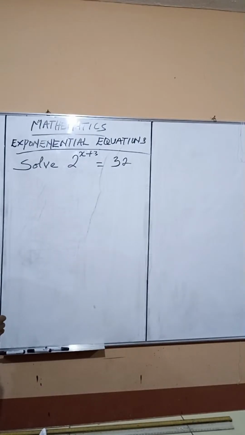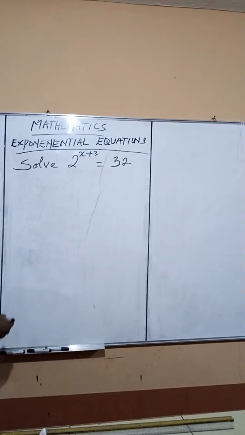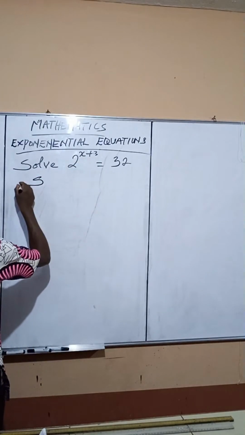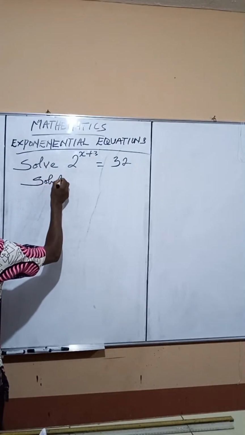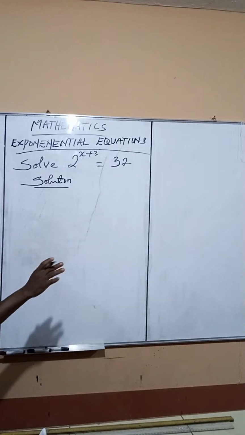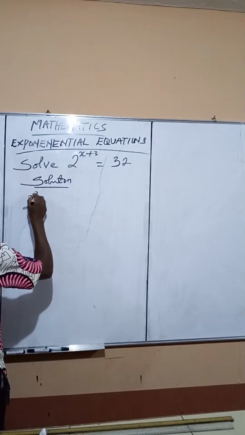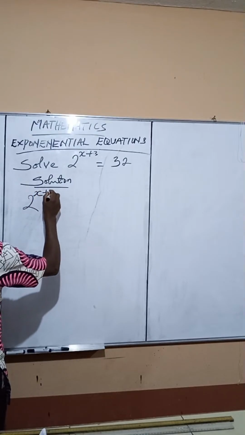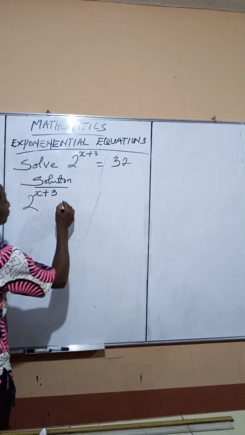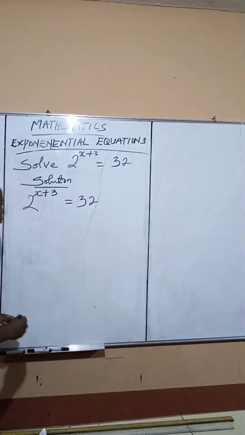Yes, this is another one. We have to solve 2 raised to the power x plus 3 equals 32. So how do we handle a question like this? This is how we are going to handle it. We are going to write 2 raised to the power x plus 3 equals 32.